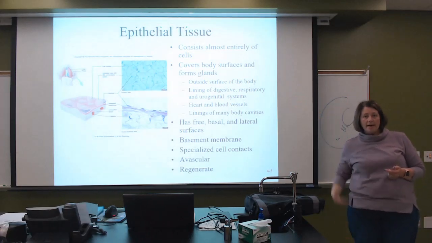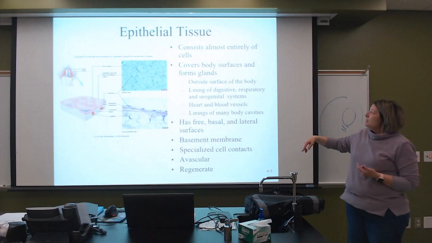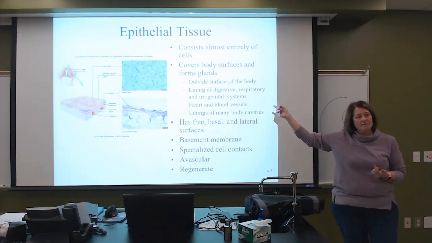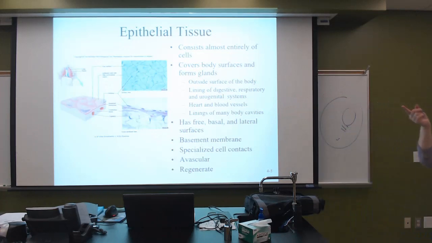i.e. body, okay? And it will help to form glands. Now, the glands that are being referred to, what types of glands might we find in this covering of our body? Sweat.